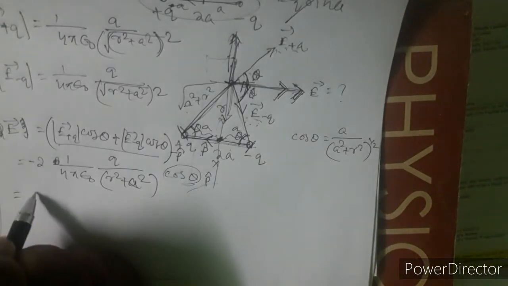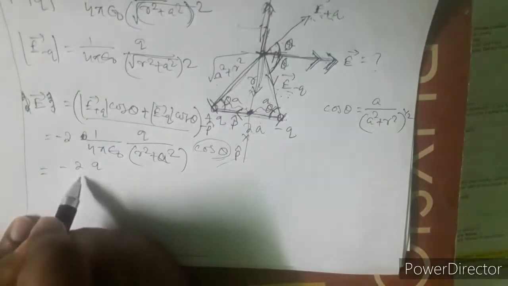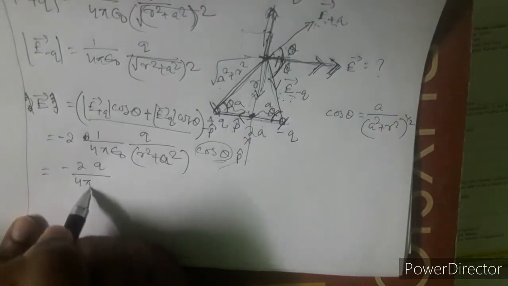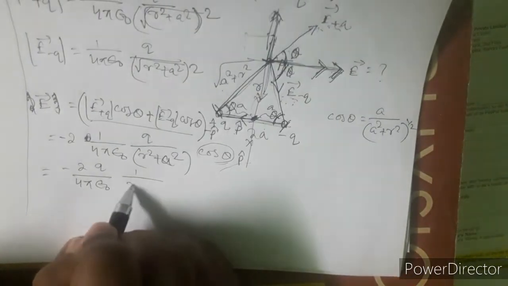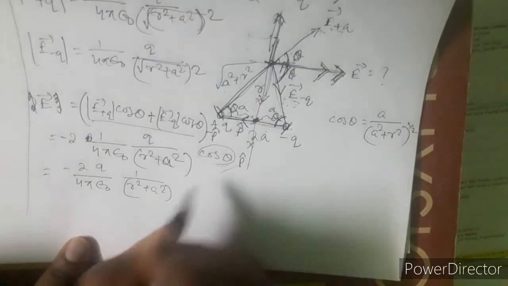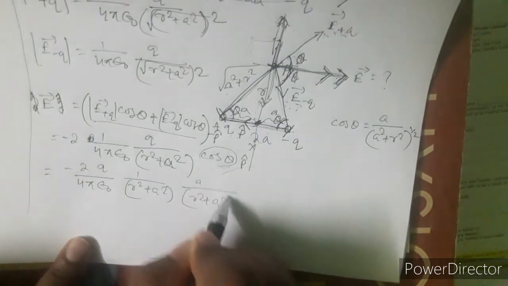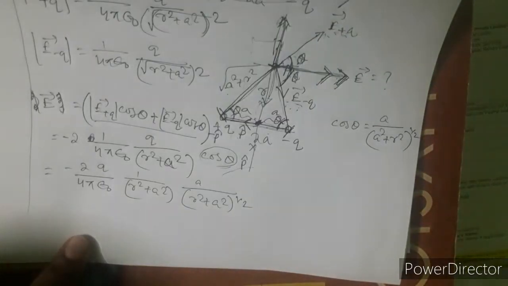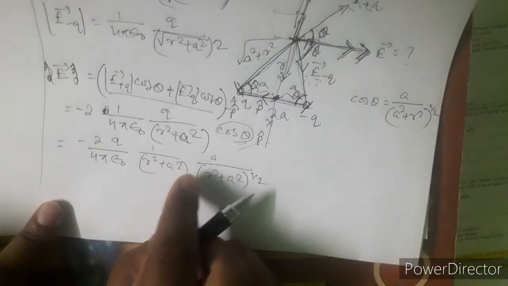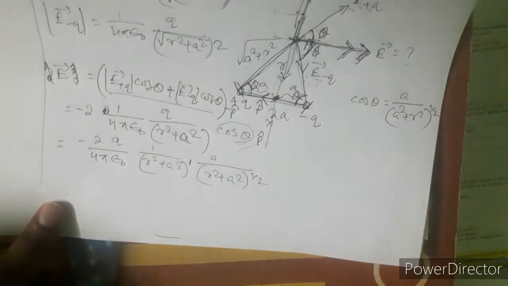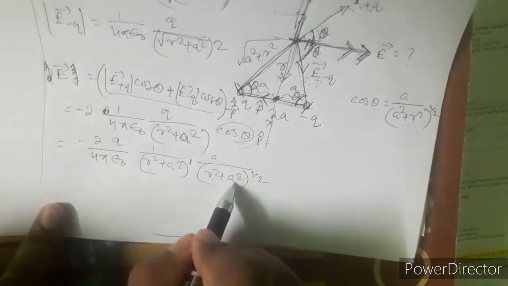So this will be minus 2q by 4 pi epsilon naught, 1 by r square plus a square, and cos theta is a by r square plus a square to the power half. Clear? Now I'll multiply. The power is 1, so it is r square plus a square power 1 and r square plus a square power half.